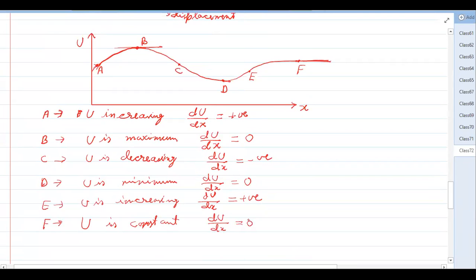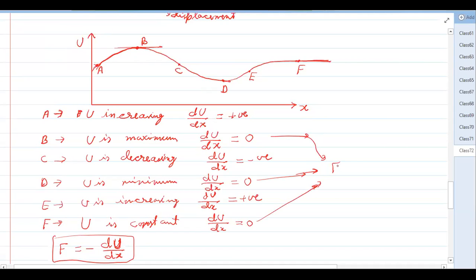So how do you relate dU by dx with the force? We know from our previous lectures that the force is minus dU by dx, the negative of the rate of change of potential energy. So if the rate of change of potential energy is 0, at these points the force should be 0.